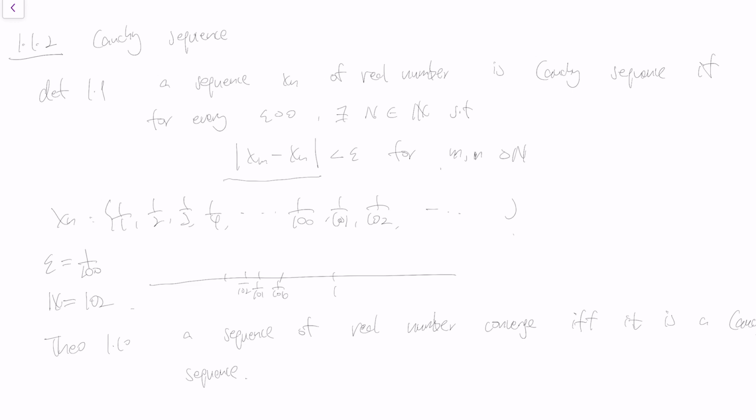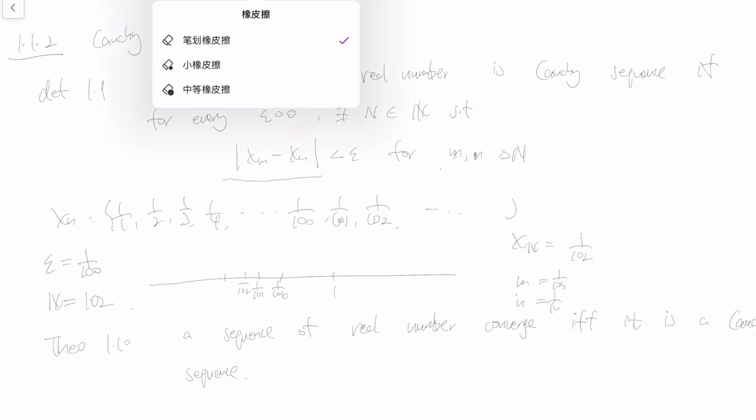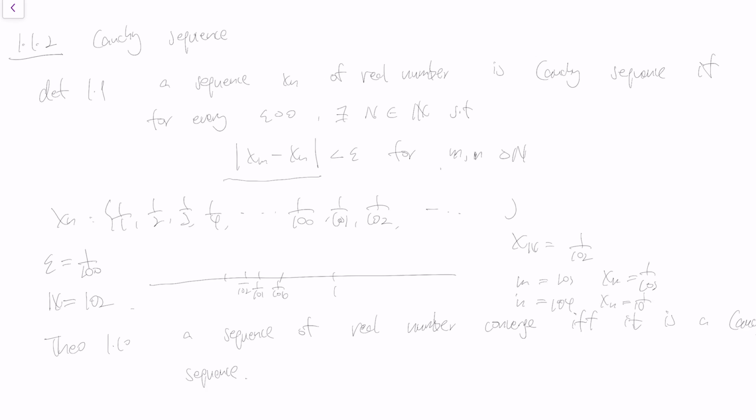So x_N is equal to 1 over 102. Let's set m equal to 103 and little n equal to 104. So x_m is equal to 1 over 103, and x_n is equal to 1 over 104.